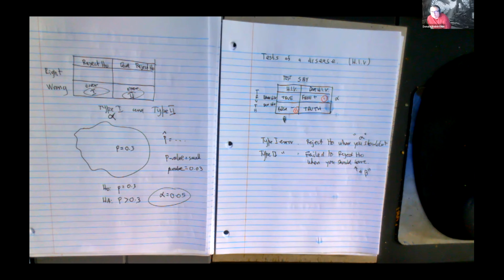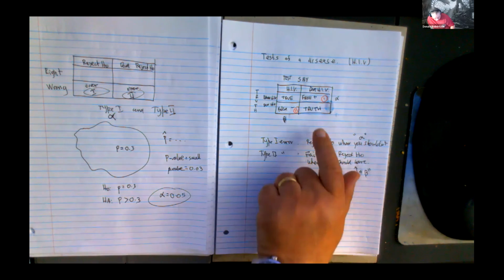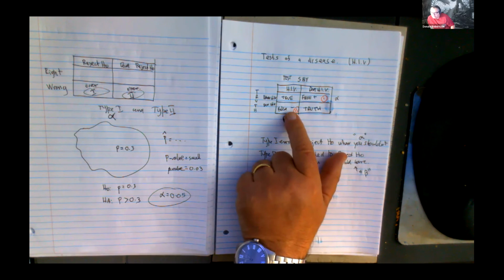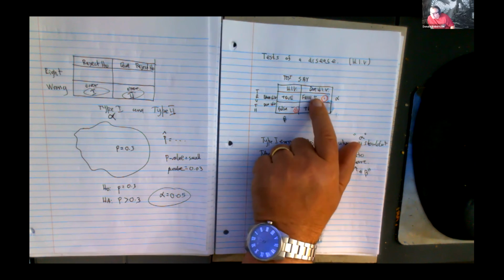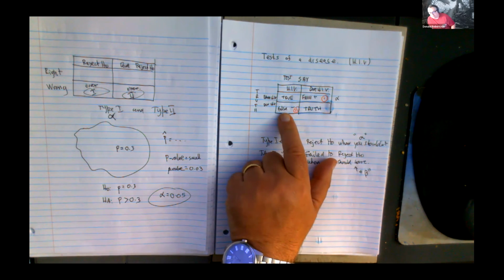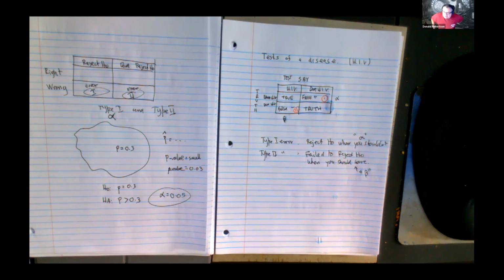If I was doing a medical test for HIV, I would put more weight on the false positive than I would be putting on the false negative. A false positive is very dangerous. Let's get that right. Back to front. A false negative is very dangerous.